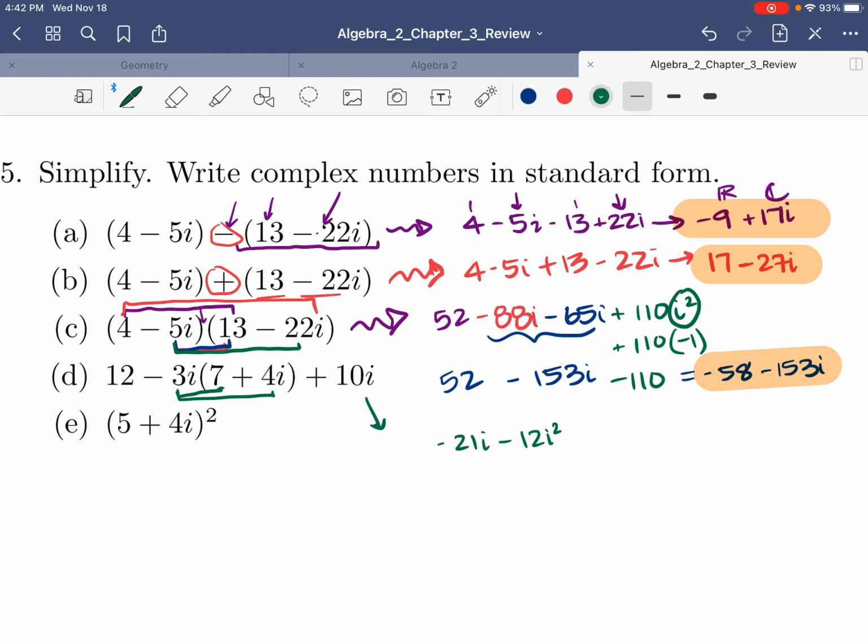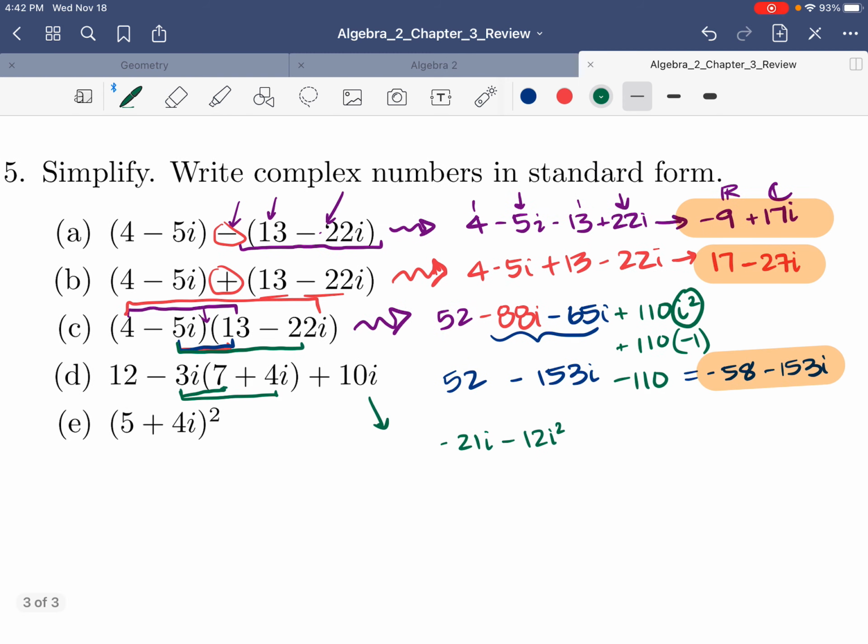Whoop, ringing, right? Your alarm. We got i squared, not allowed to have that. This means the opposite of negative 12. So this is going to turn into positive 12 because that's what happens with i squared. i squared just changes whatever the coefficient is, from negative to positive, positive to negative. So this is going to be negative 21i plus 12.